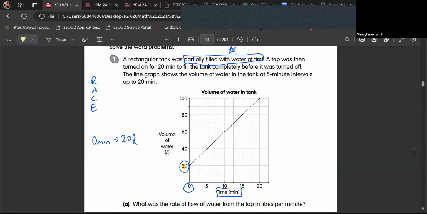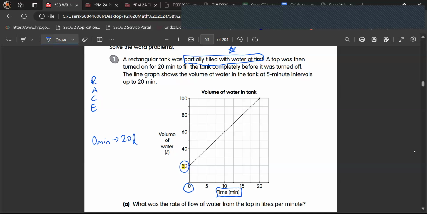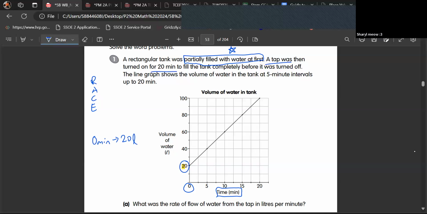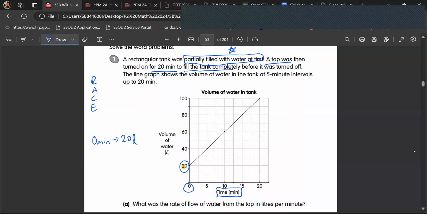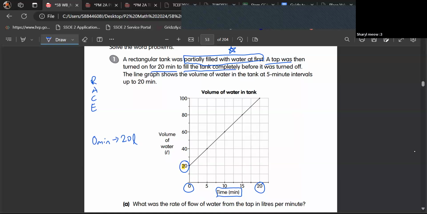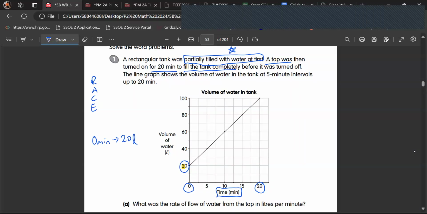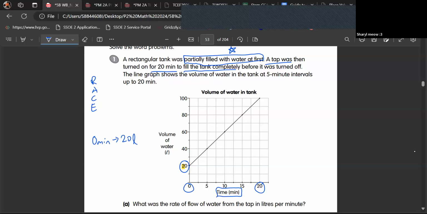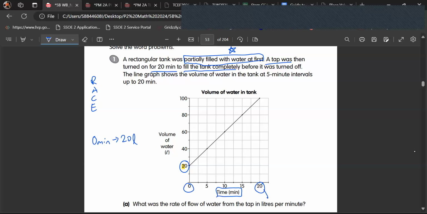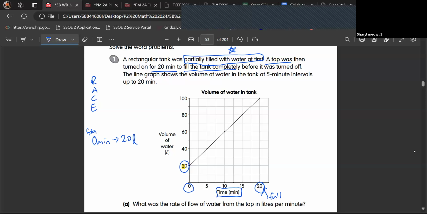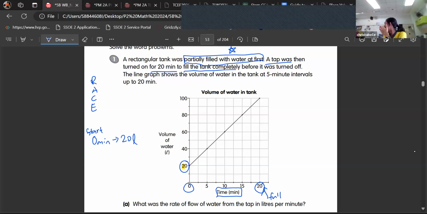Then the tap was turned on for 20 minutes to fill the tank completely until here. Filling the tank completely means at which minute it is full? Yes, thank you very much. At 20 minutes, this is full. That means what's the volume of the tank when it's full? 100.